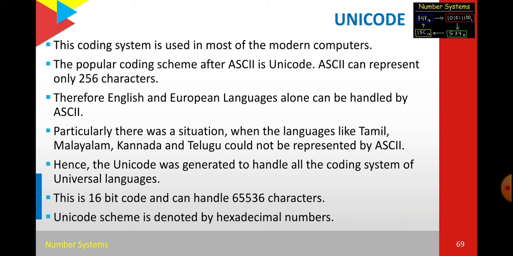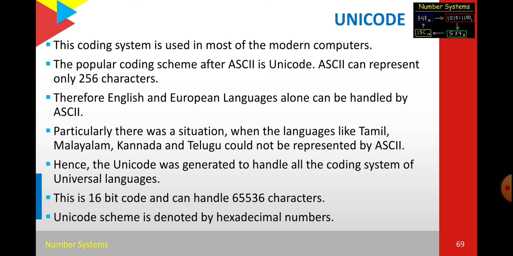Tamil, Malayalam and Kannada have 200 and something characters. In English we use only 26 characters, so those 26 characters can be represented in ASCII code. But Indian local languages like Tamil, Malayalam, Kannada and Telugu we can't represent in ASCII code.